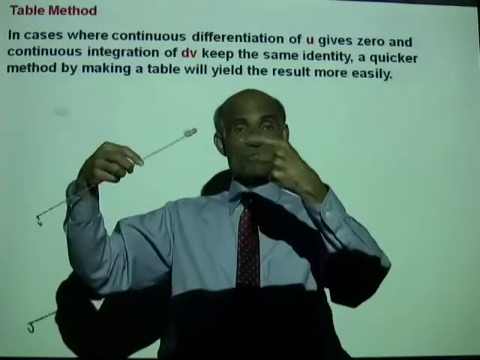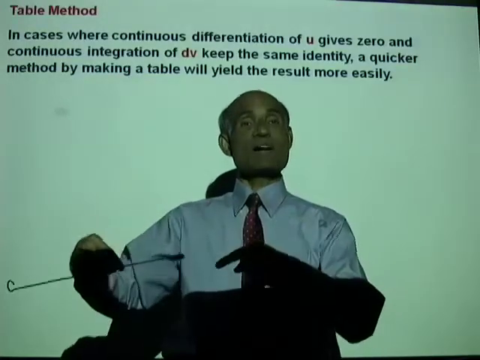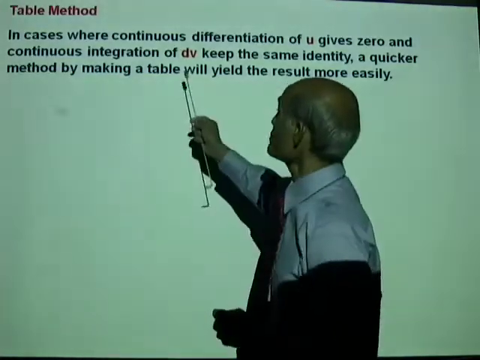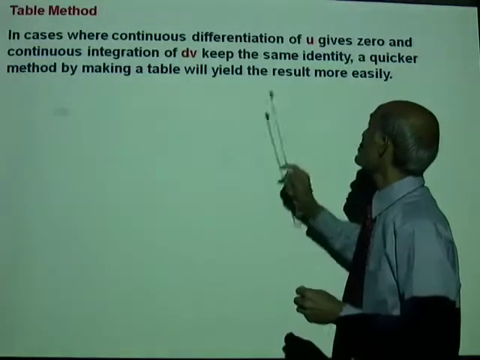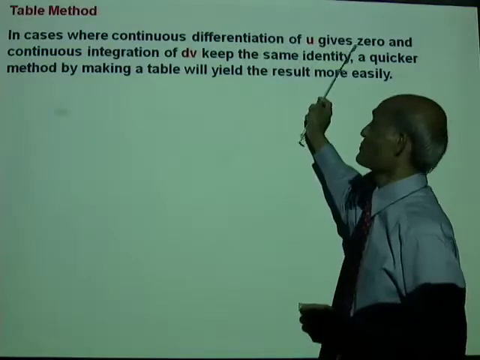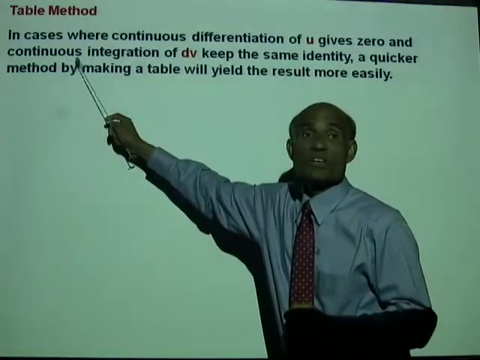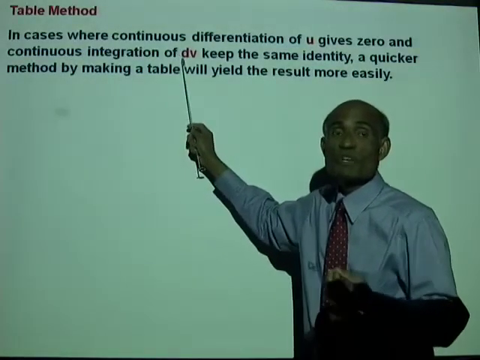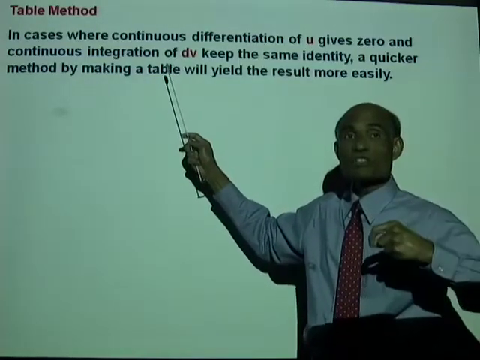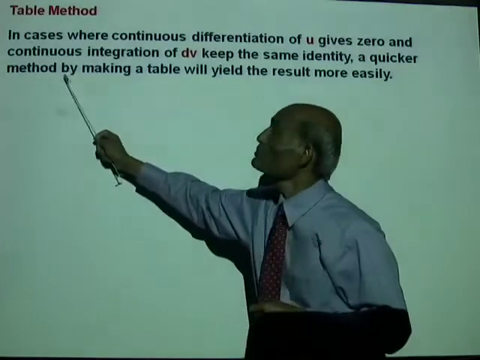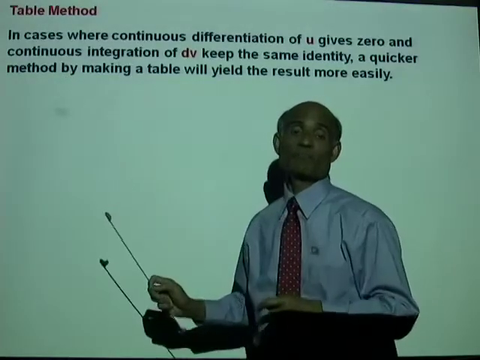So if you keep integrating, you keep getting back the same form. So once again, in cases where continuous differentiation of u gives 0 and the continuous integration of dv keeps the same form or the same identity, then we can use a quicker method.